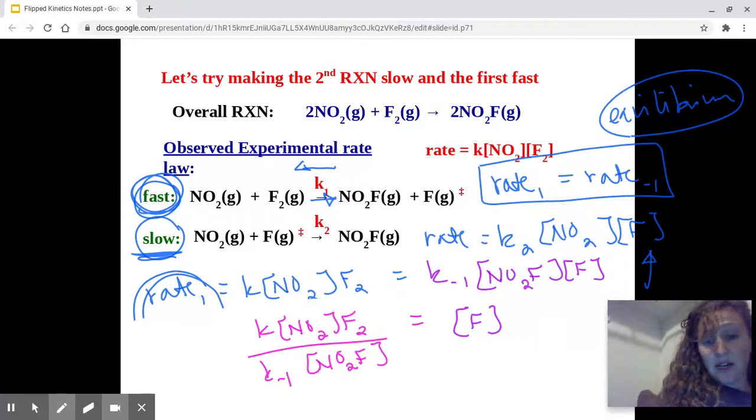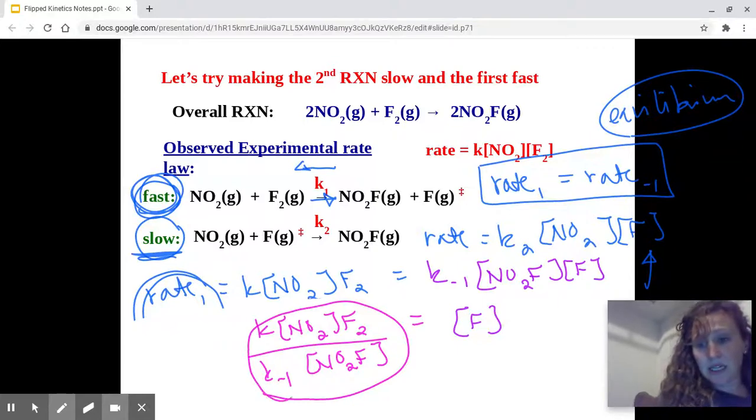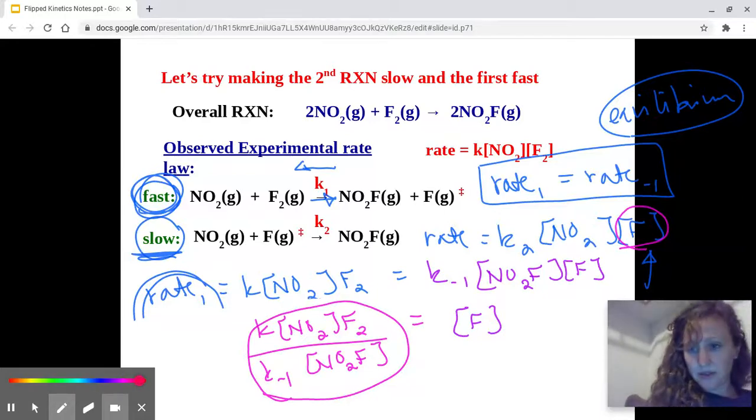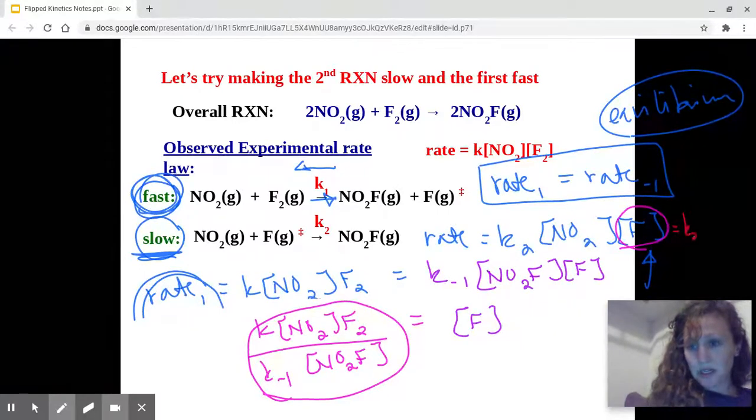Okay, so now I have something that I can plug in place of F. So this rate law becomes K2 times K1 divided by K -1.